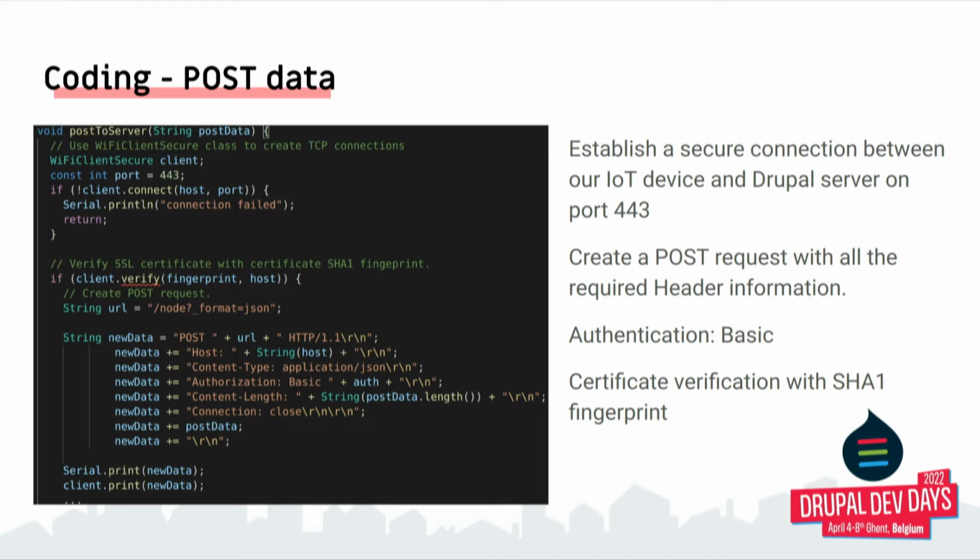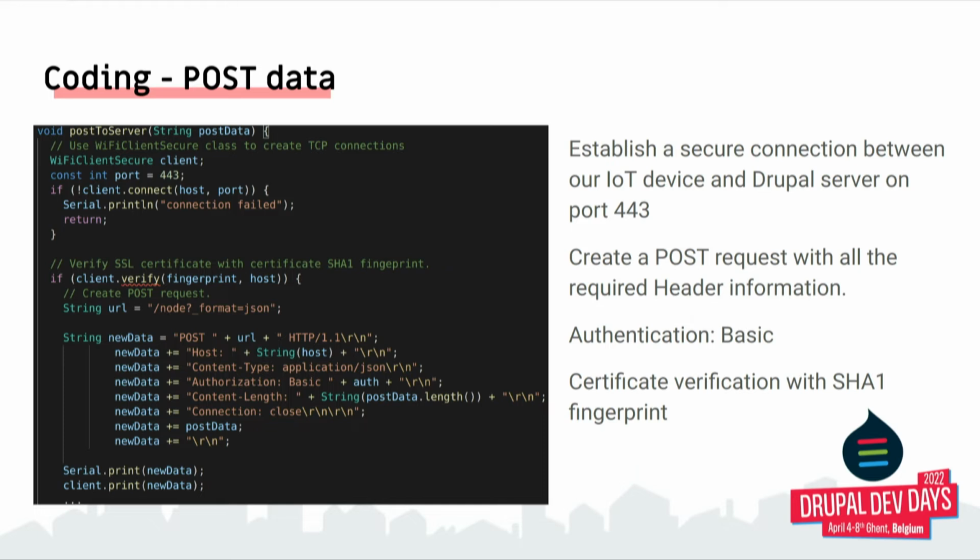The Wi-Fi client secure is one of the libraries that's used for that, but it's now something new. I think it's called Wi-Fi pair client secure or something like that. That's why the verify function is underlined, because I updated the code and immediately recognized this function is not supported anymore, so it needs to be set fingerprint right now.